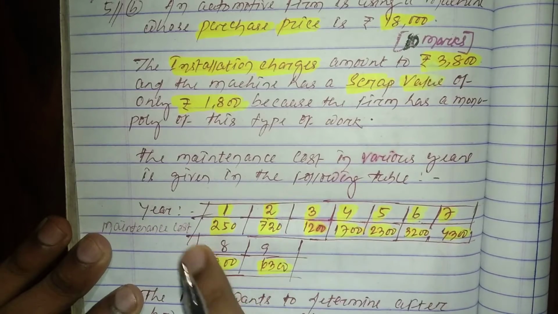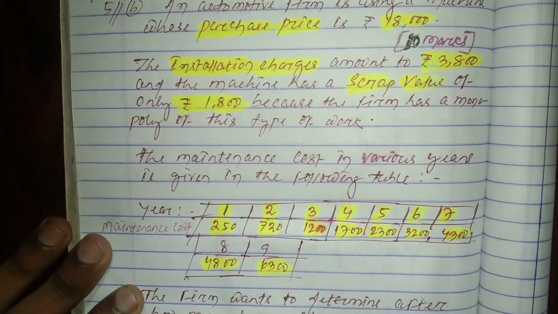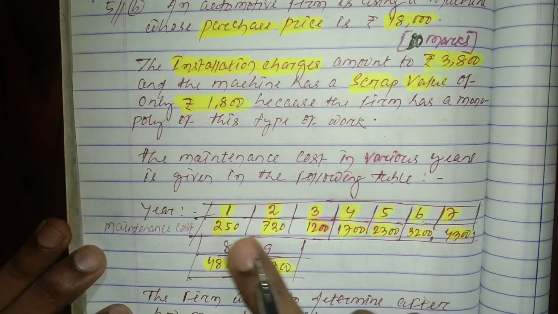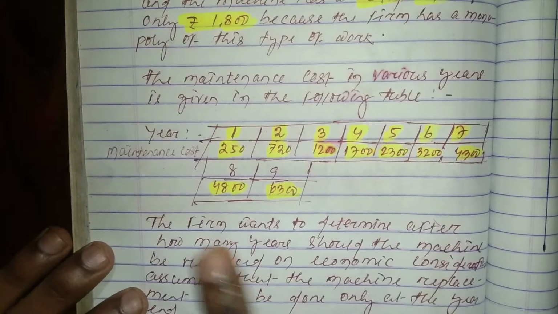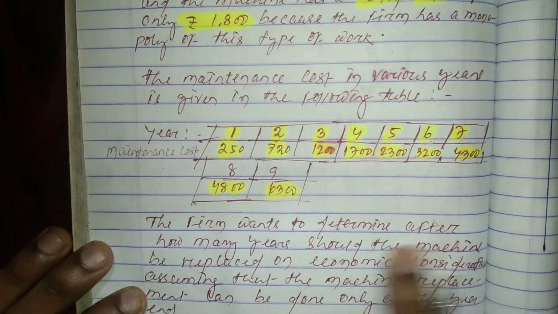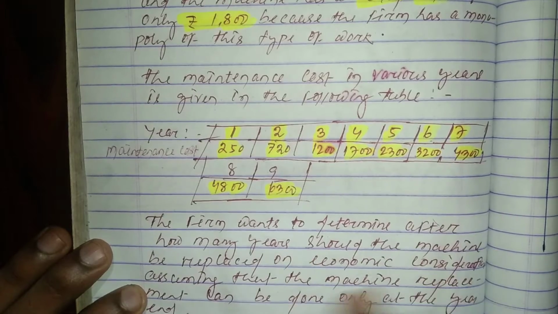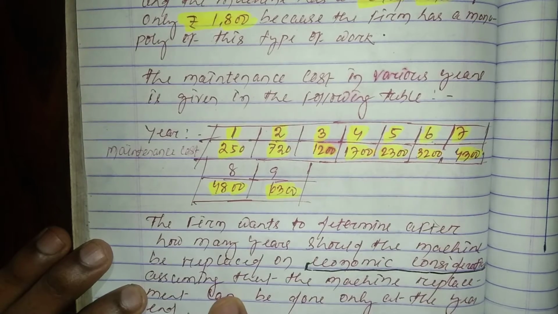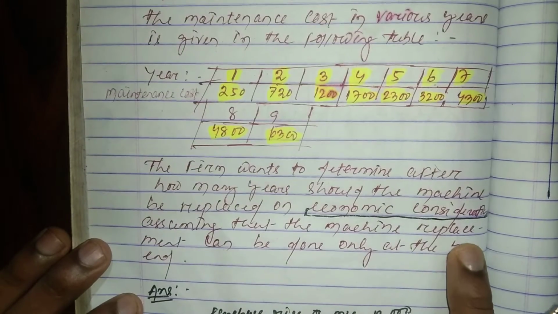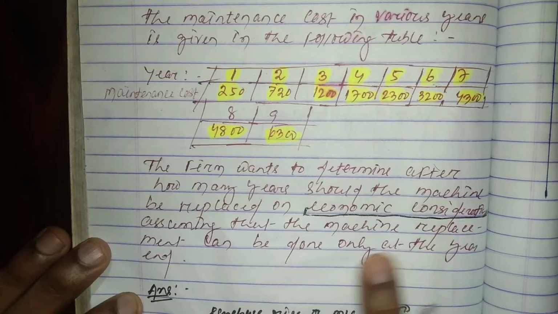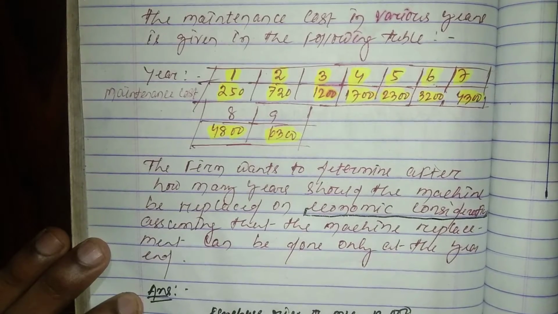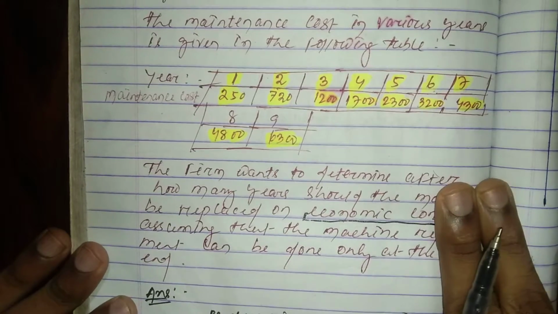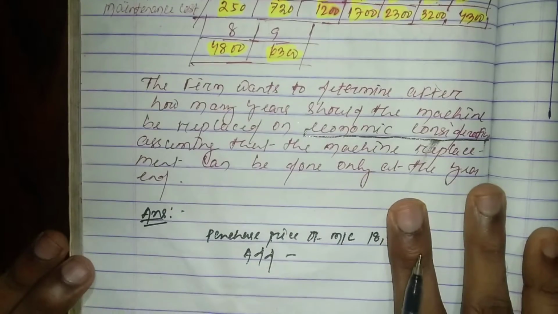The firm wants to determine after how many years the machine should be replaced on economic consideration, assuming that the machine replacement can be done only at the year end. Okay, this is the question and now we have to solve it.